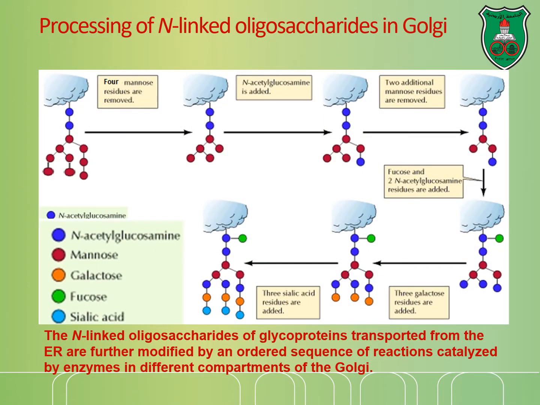Now what happens in the Golgi apparatus is that you have continual modification of sugars that are associated with proteins, sugars that were added in the ER.